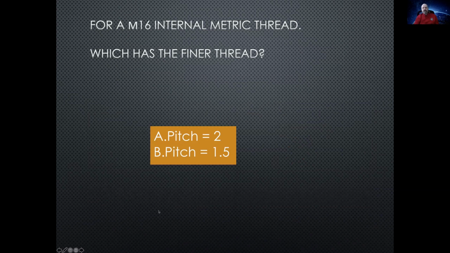So for this, which is the more fine thread? I hope I didn't confuse you earlier. So the finer thread, remember we're talking about metric. So we got a pitch of 2 something or 1.5 something, which is finer. Okay, B it is.